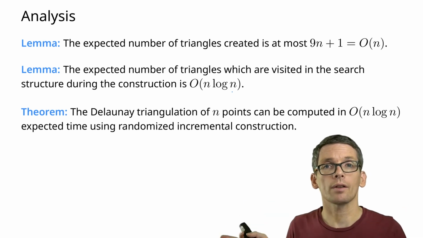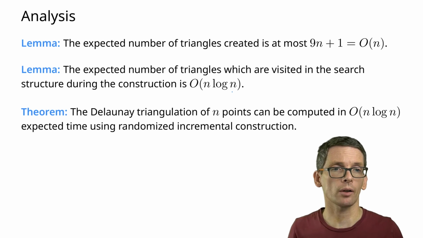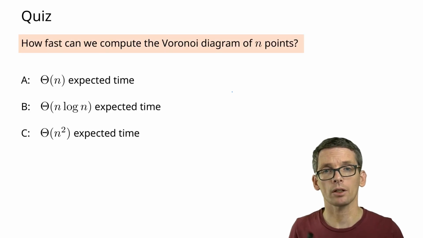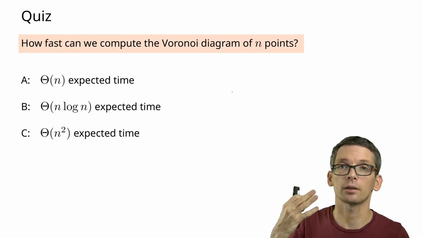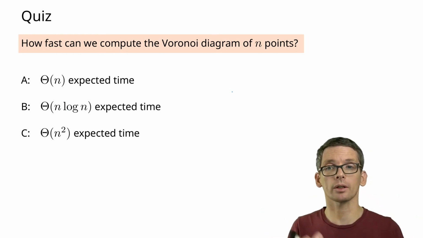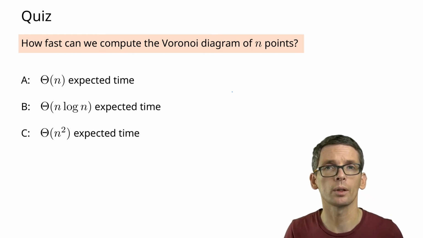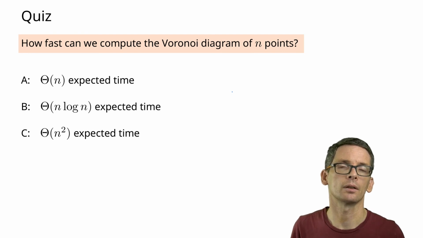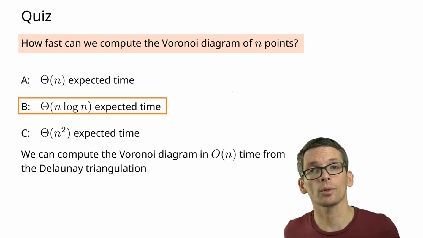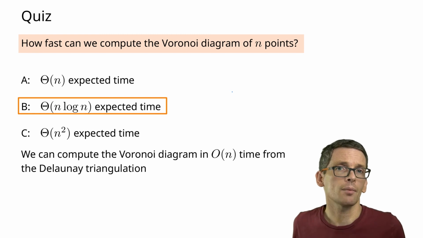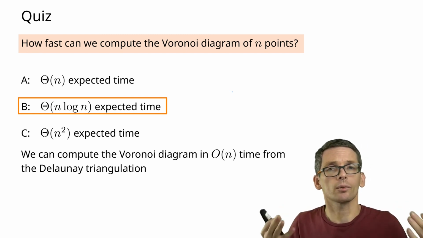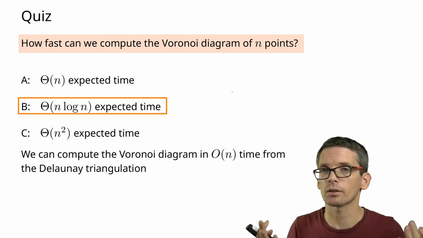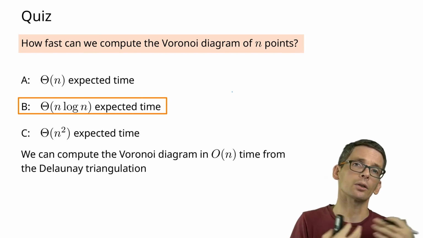We never actually talked about how to compute Voronoi diagrams. So how fast can we actually compute a Voronoi diagram? In linear time, or also in order n log n time? Or do we for that actually need quadratic time? We can also compute Voronoi diagrams in expected n log n time, namely simply for the reason that the Delaunay triangulation contains already all the information we need to construct the Voronoi diagram.